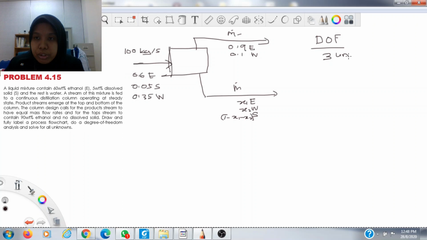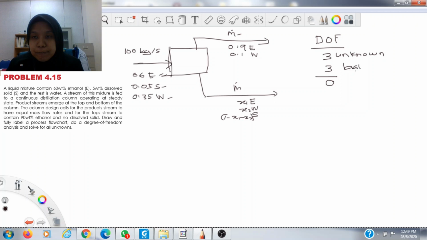We have ethanol, solid, and water, so 3 component balances. We don't have other information, like specific gravity or any relationship given in the question, so the DOF is 0. So we can solve this question.